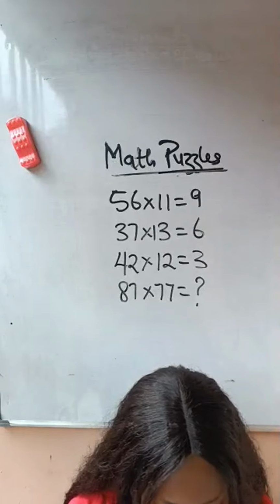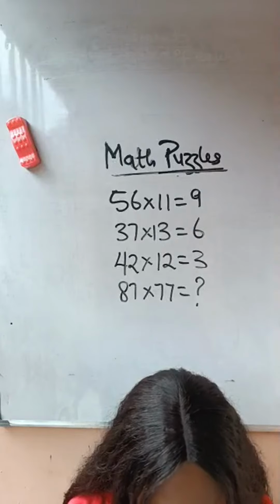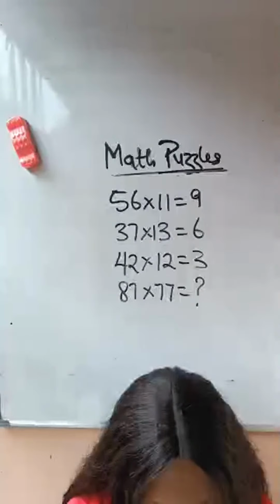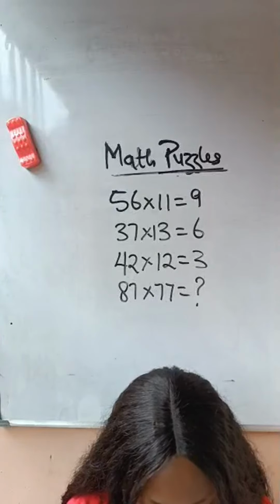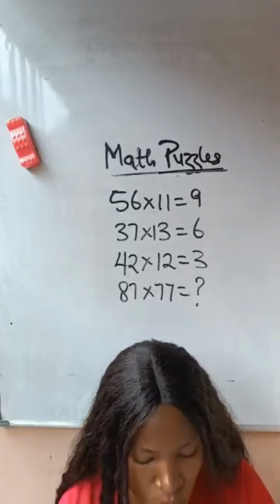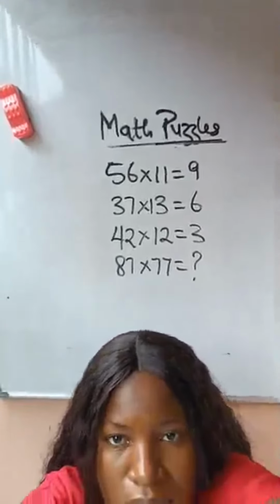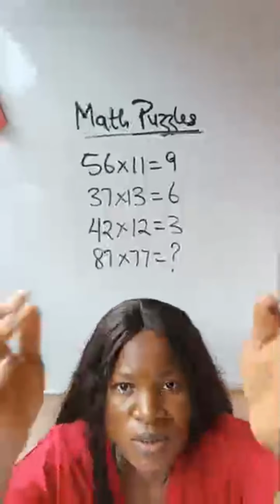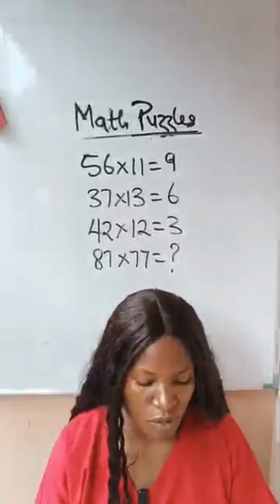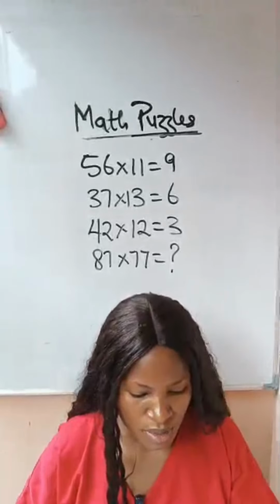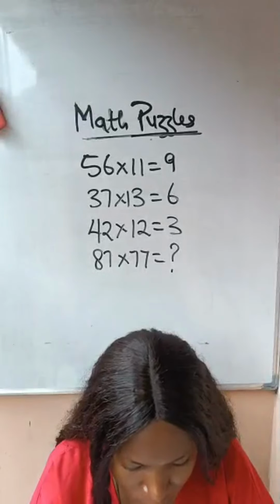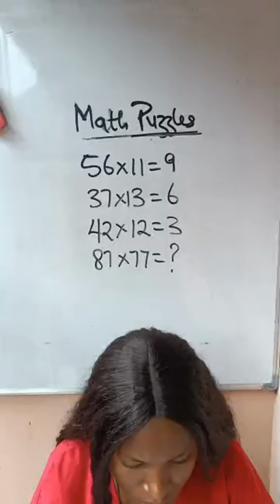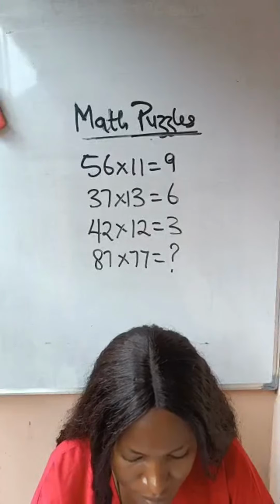So the question says, if 56 multiplied by 11 is equal to 9 and 36 multiplied by 13 is equal to 6, the question says 42 times 12 is equal to 3. Now what is 87 times 77?